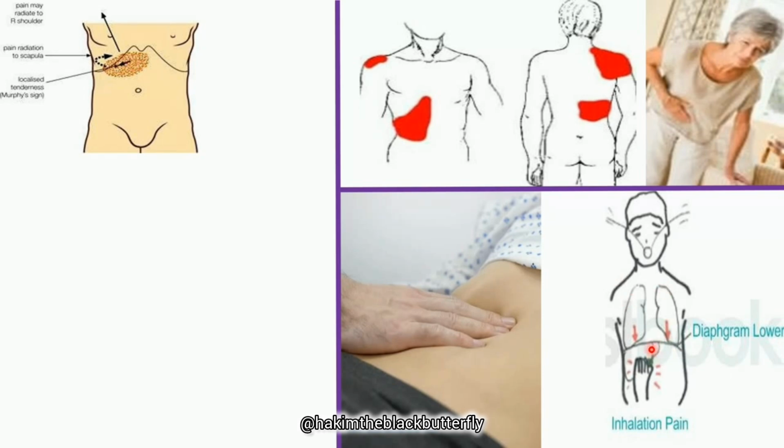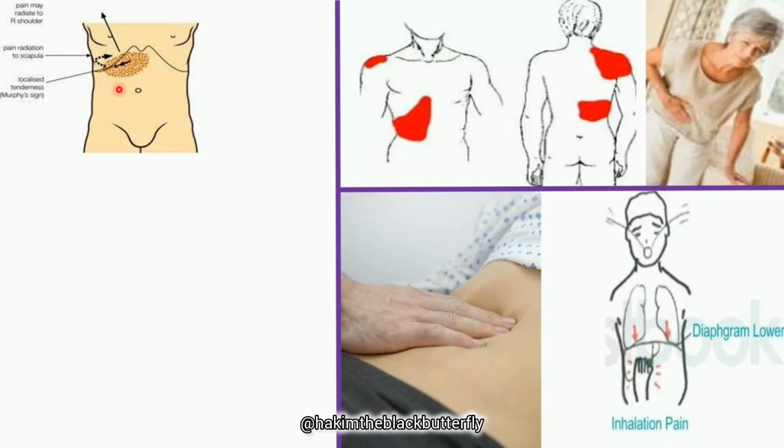So if you position your hand firmly around the right hypochondriac region and tell the patient to breathe in, the patient is going to feel so much pain, because as the patient breathes in, the gallbladder descends slightly, and that inflamed gallbladder comes into contact with the abdominal wall and causes so much pain because you're pushing against that wall.